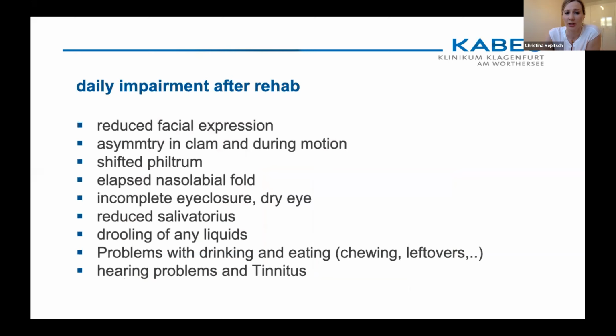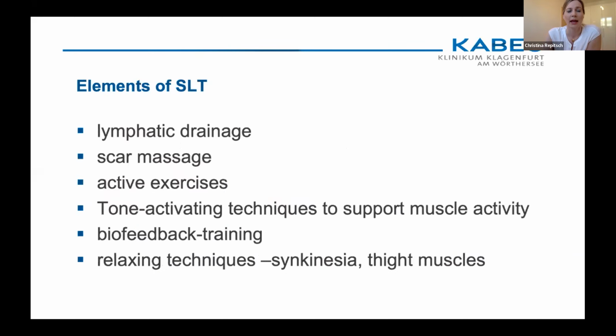And she still has a hearing problem and a tinnitus. And the elements of speech and language therapy were lymphatic drainage, scar massage, active exercises, tone activating techniques to support the muscle activity, and biofeedback training. And I also offered relaxing techniques because of the synkinesis.